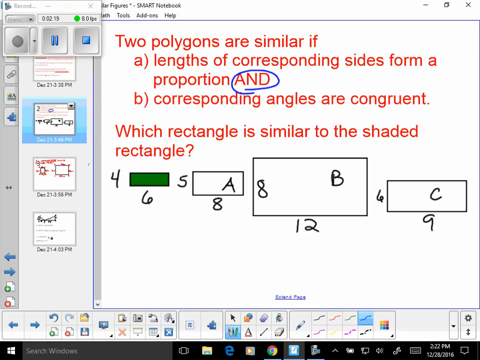One good way to make sure that you're setting up ratios in the right way is to make sure that all of your polygons have the same orientation. Now, the shaded one has the shortest side vertical, the longest side horizontal. And that's true for all 3 of the other rectangles, A, B, and C. Shortest side is vertical, longest side is horizontal.